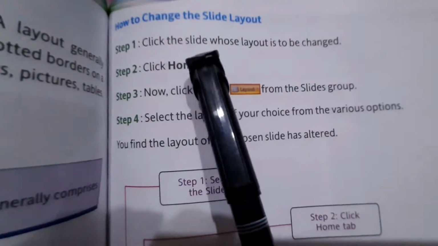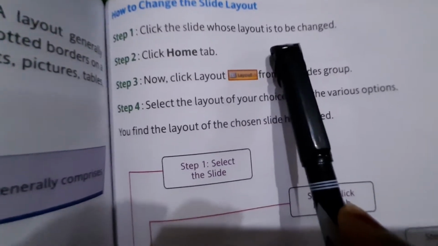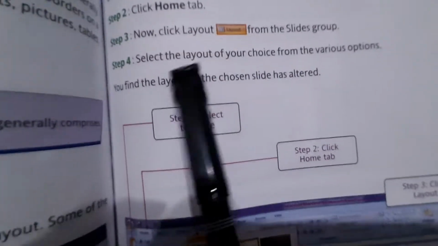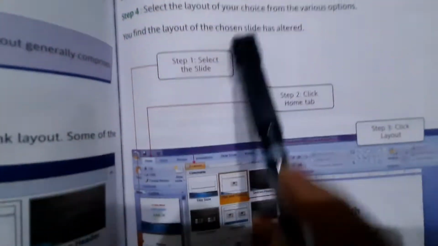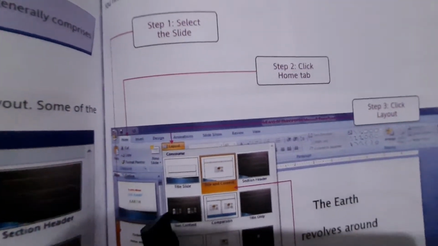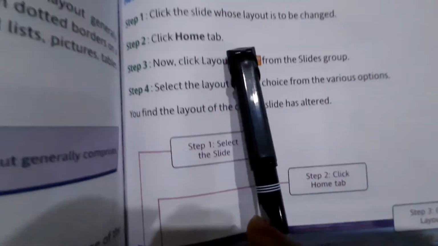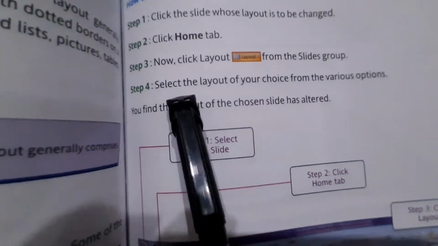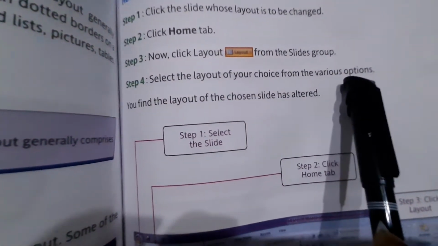Now, how to change the slide layout? Click the slide whose layout is to be changed. Click the Home tab. Now click Layout from the Slides group. So if you want to change the slide layout, you can click on the slide and then perform these steps. Select the layout of your choice from the various options.